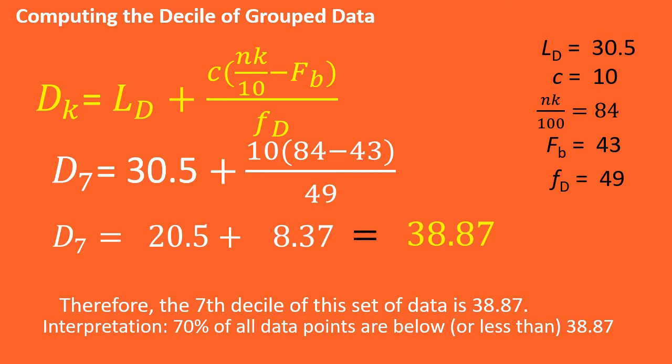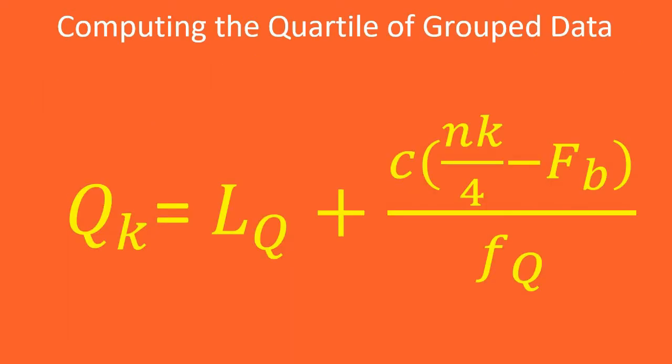How about computing the quartile of a group data? Here is our formula in finding the quartile of a group data. And instead of B or D, this time we'll have Q, that stands for quartile. And instead of NK over 100 or NK over 10, for quartile of group data, that's NK over 4.